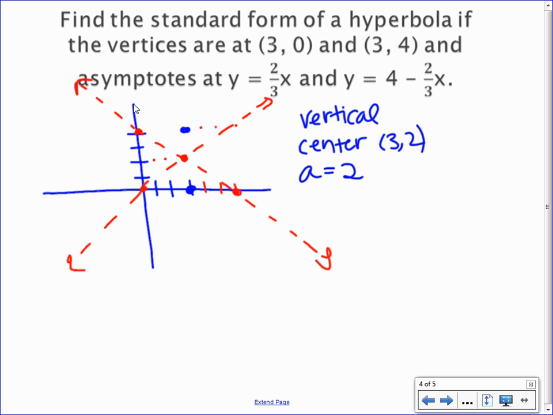Okay. How do we get our slope? What numbers help us with our slope? A and B. We know that A is 2. So that means B has to be what? That means B has to be 3. Okay, if it helps you, you can draw the rectangle through A to get that shape, okay, with your diagonals.